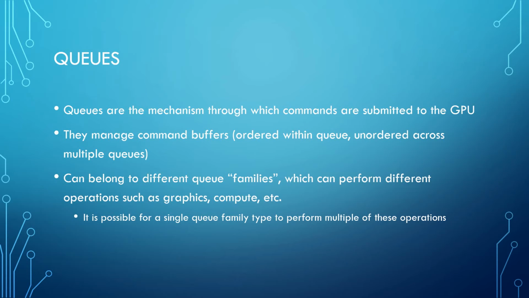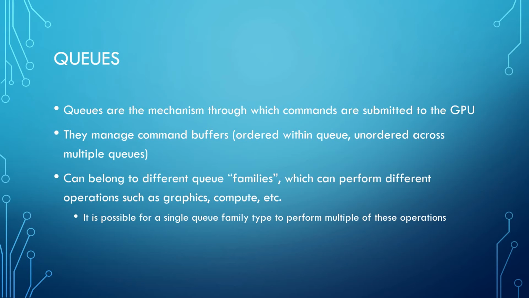Queues can belong to different queue families, which perform different operations. So you might have queue families which do operations related to actually rendering graphics or compute shaders, or you might have another one which is just for passing raw data onto the GPU. And even though they might do different functions, one queue family isn't necessarily tied to one specific operation.